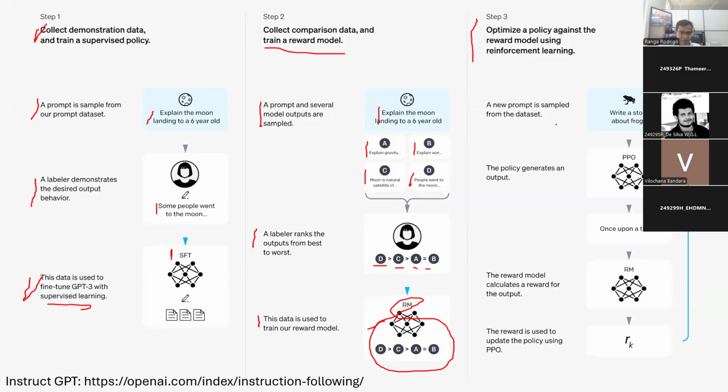Now that you have the way to reward, you actually do it. A new prompt is sampled from the dataset: write a story about frogs. Then the so-called policy. Policy means, given the current state, what must be the next? So that is called a policy.